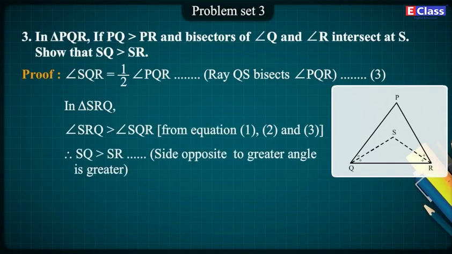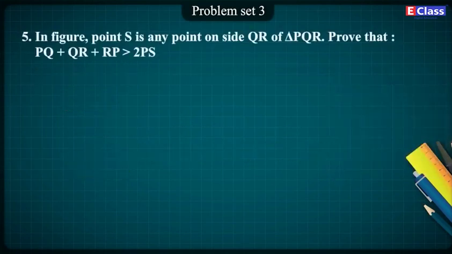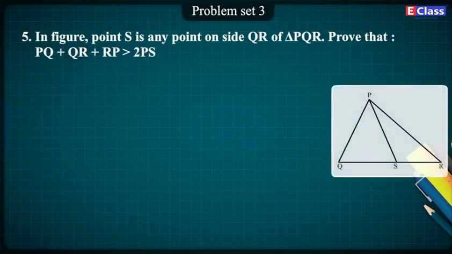Question number 5. In figure, point S is any point on side QR of triangle PQR. Prove that PQ plus QR plus RP is greater than 2 times PS. Proof.